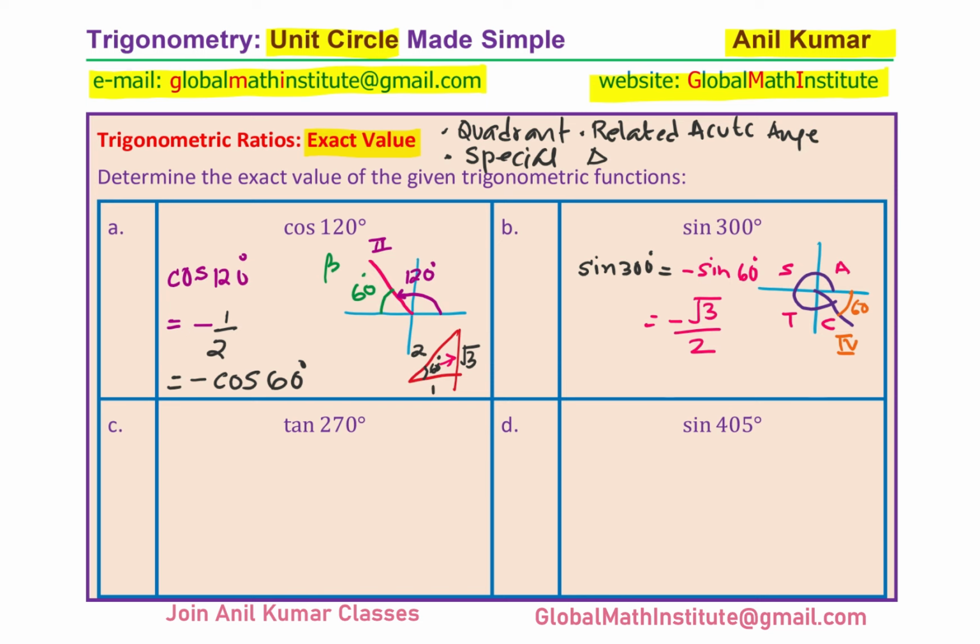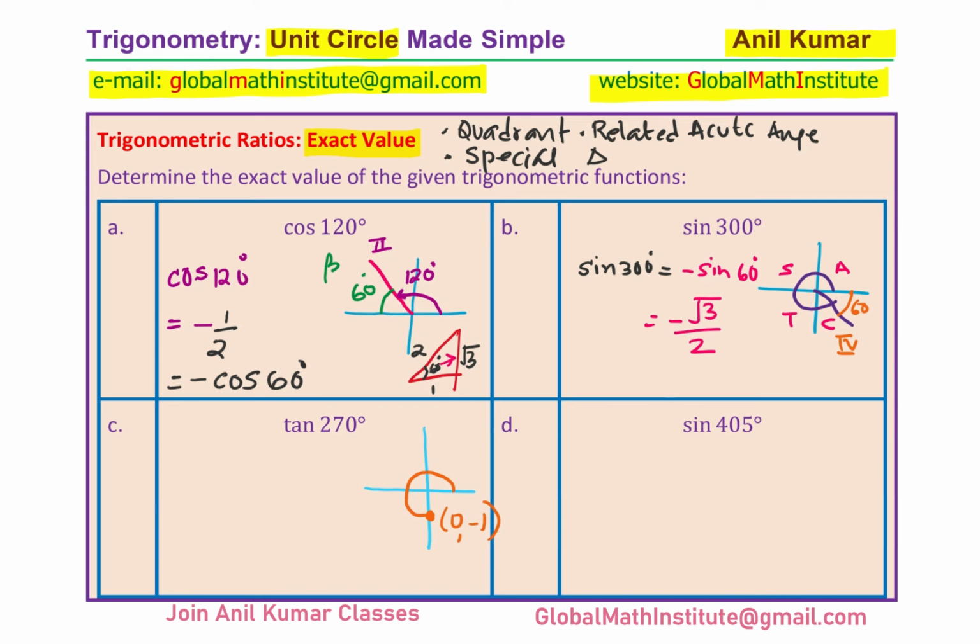Now the next one here is tan of 270 degrees. Tan of 270 degrees means that the terminal arm is right there. Now if you look into the unit circle, at this point you will see that the x value is 0 and the y value is minus 1. So tan 270 will be what? It is the ratio of these two, sine over cos.